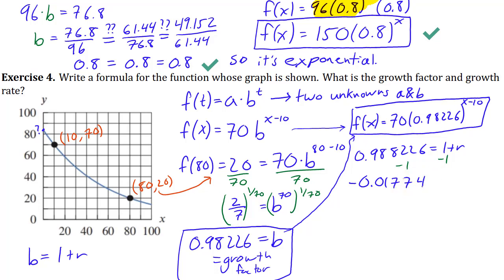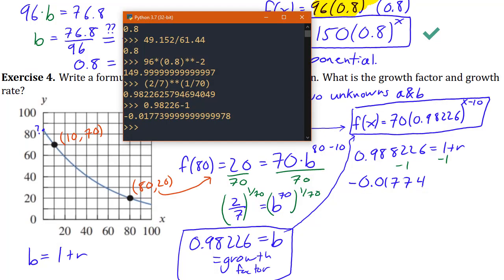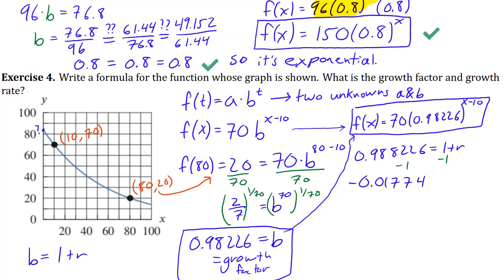Did I do that right? Yeah. Okay, so that's equal to the growth rate. Usually growth rates are written as a percentage, so this would be negative 1.774% is the growth rate.